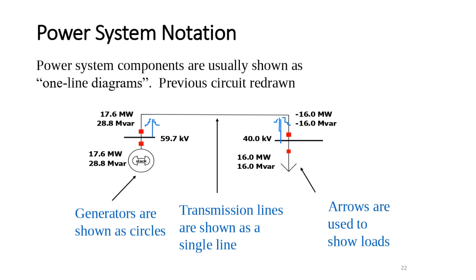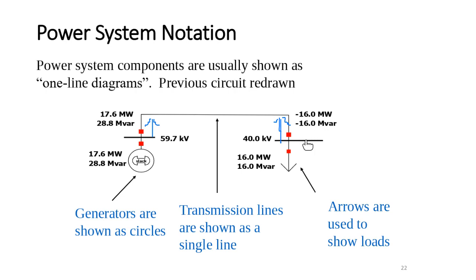Therefore, the power will flow from the generation to the load. So this arrow is the opposite. This arrow should go down to be positive. But because we draw the arrow here up, therefore we write minus 16. So minus 16 means this bus here delivers minus 16 megawatt.